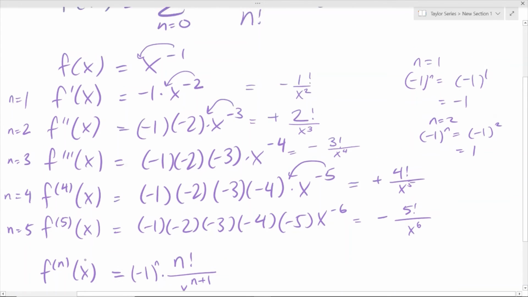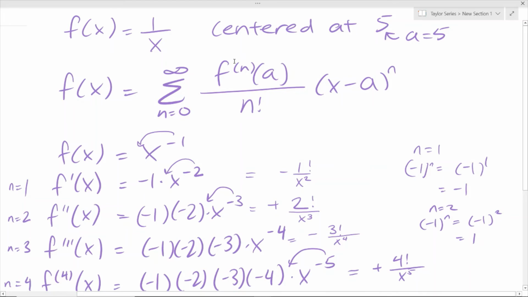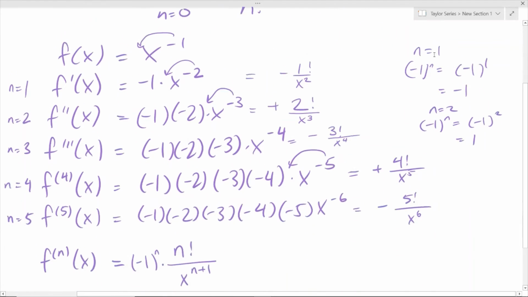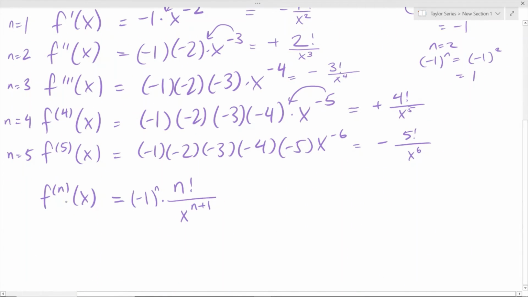Now, what we really need to find is the derivative with the a inside of it. So we have to plug in a. A is going to be 5. So if we want to find it at a, we have to plug it in. It's 5 right here.